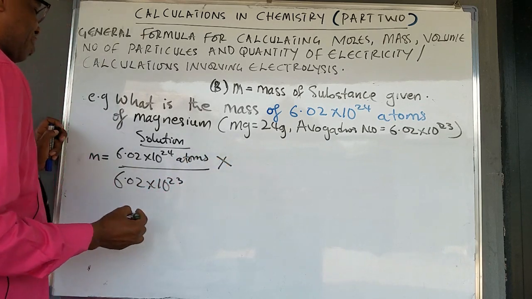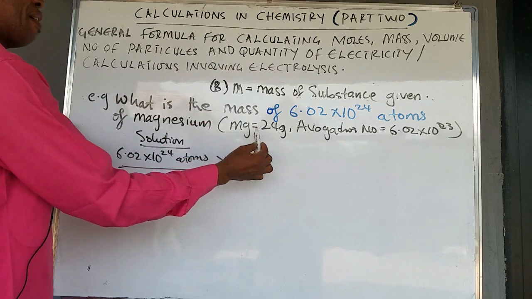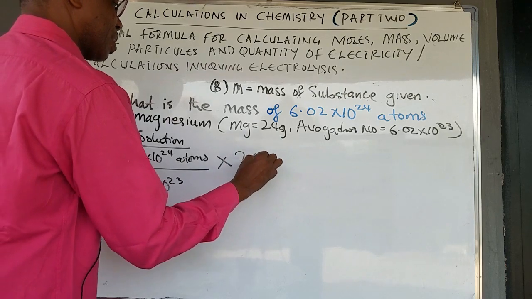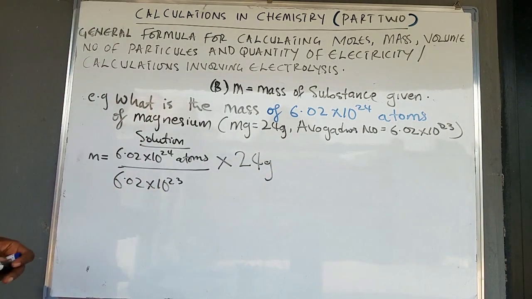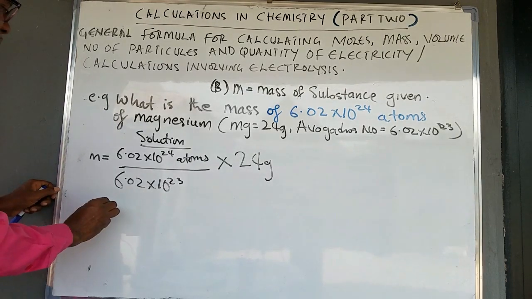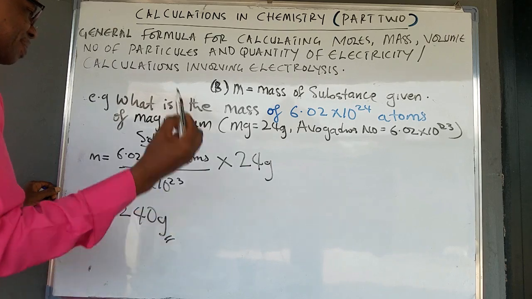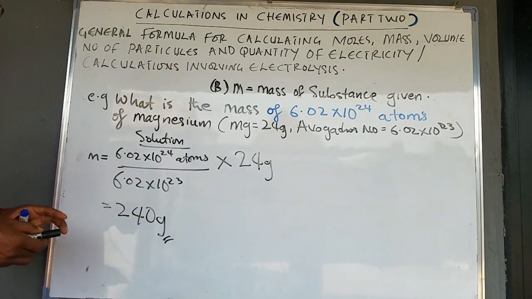Remember that at the end of any calculation that has to do with mass given, you have the molar mass. All of them times what? 24 grams. Simple. 240 grams. That's how simple it is. Do you now see how simple chemistry questions are?